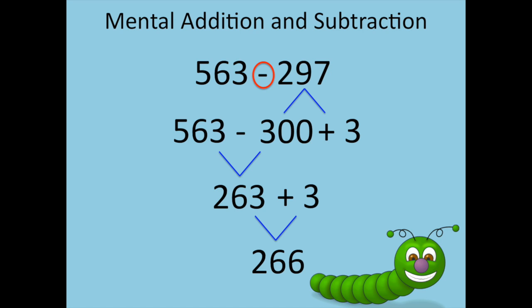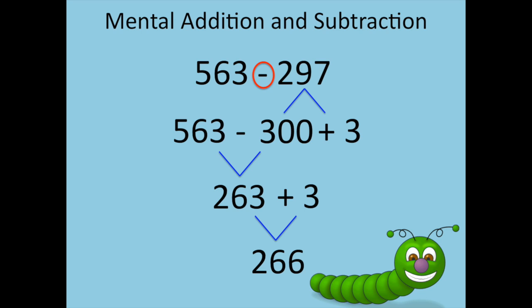So, for example, when we solved 563 minus 300, we got 263. Since I subtracted 300 from 563, I subtracted 3 more than 297. So at the end, I have to add 3 back to my answer so that I can get the exact answer to 563 minus 297.